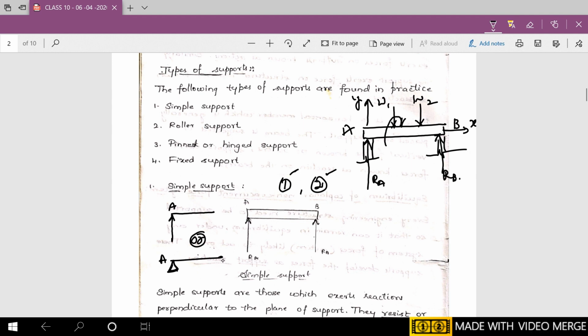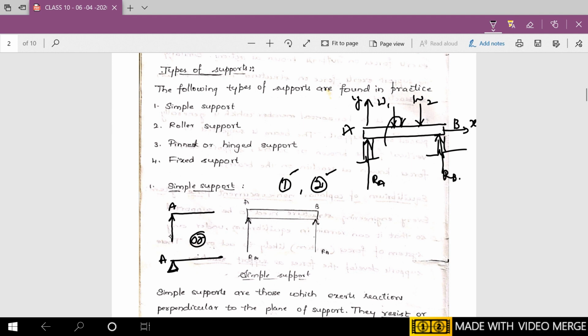Anyway, this side will also be supported by some other support reaction, but since I am showing how to represent the support, I'm writing only the representation at one side. So either it will be represented as a vertically upward reaction or else a triangle.